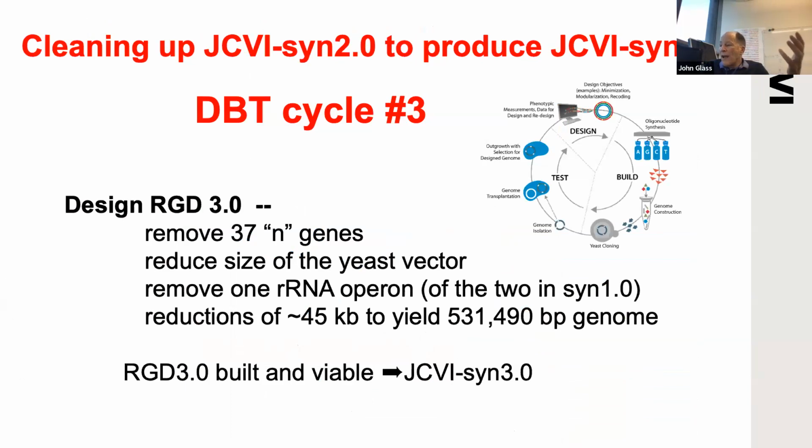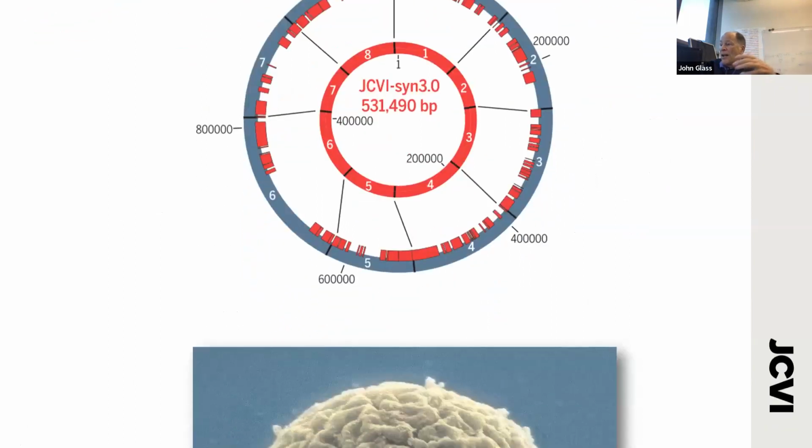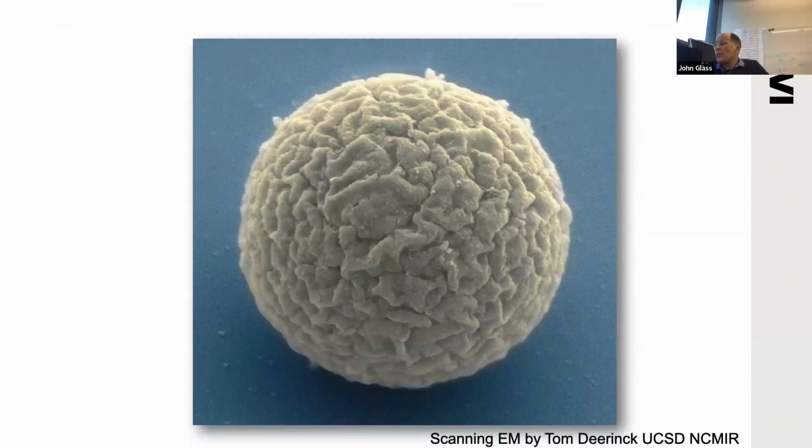We did another round of transposon bombardment and got rid of 37 non-essential genes to produce RGD 3.0, which was built, it was viable. It has the smallest genome of any bacteria in the world that can be grown in culture. And so here's what the cell looks like, this electron micrograph.